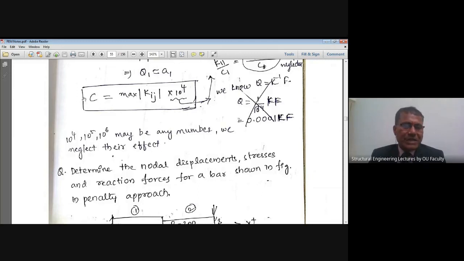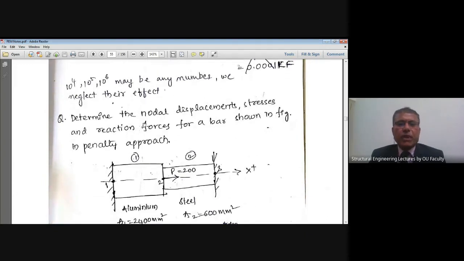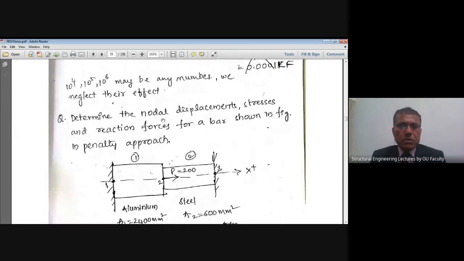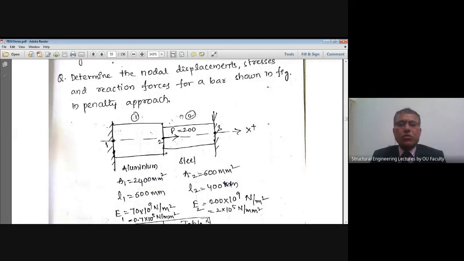That is how the C value is a huge value when multiplied with 10 to the power 4 with that maximum Kij value. Now I hope you understood the penalty approach for specified boundary conditions, students. If you understood that, now let us move to an application problem.